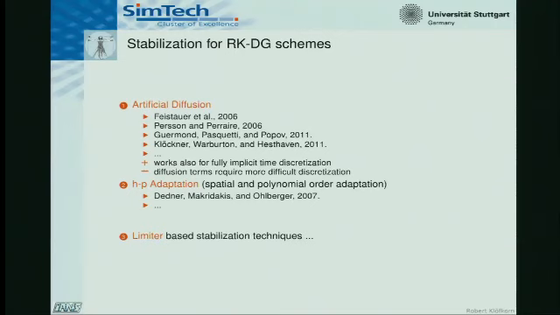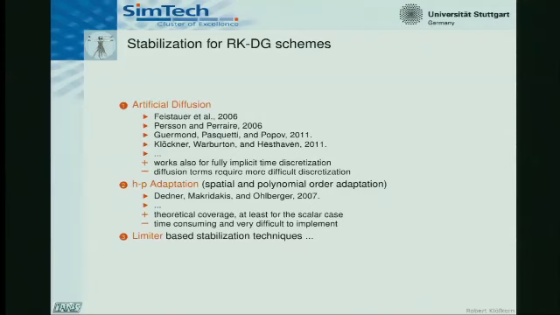Then you could do something like hp adaptation or polynomial order reduction. Whenever you discover problems, you can go back to order 0 or to first order, and then you know the method is stable.